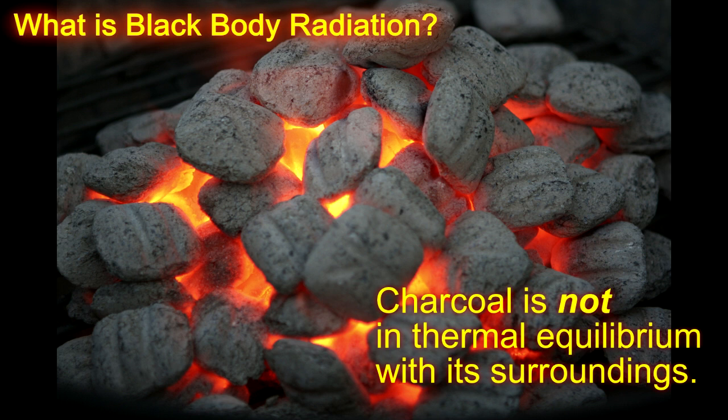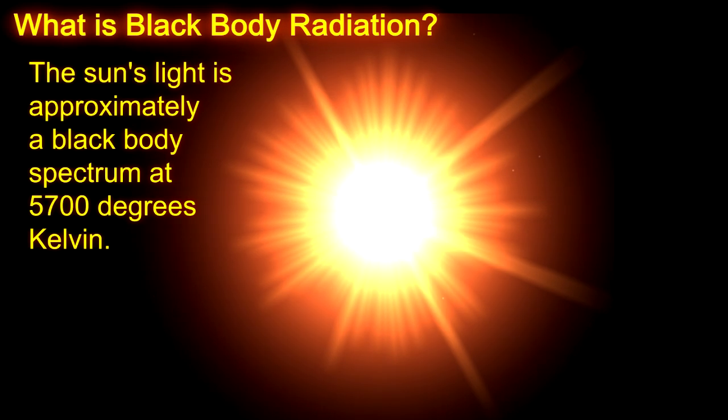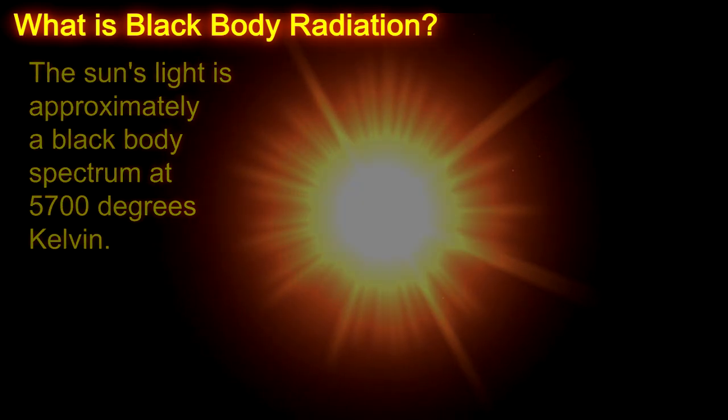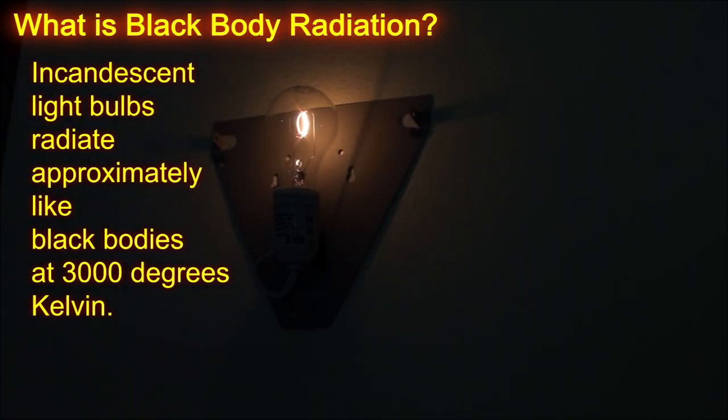But the charcoal is not in thermal equilibrium with its surroundings, like the interior of a heated vessel. The sun is often approximated as a black body at 5700 degrees, but there again, it's not truly in thermal equilibrium with its environment. Incandescent light bulbs are also approximated as black bodies at about 3000 degrees.